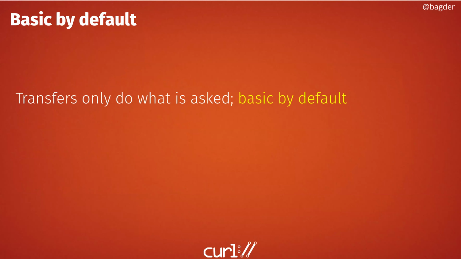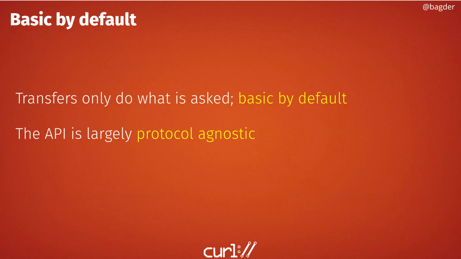Also, transfers with libcurl are always basic by default. It really doesn't add a lot of bells and whistles by default. It will just do what you ask it to do and not more. So it'll do the basic stuff, and then you enable much more with options. And the API is, I call it largely protocol agnostic, because you typically don't have to know a lot about the underlying protocol, and you usually don't have to care about it.